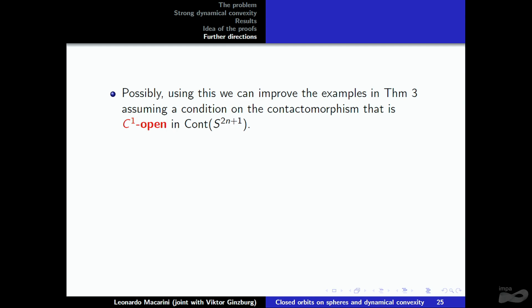And I'm not completely sure, I'm 99% sure, but I think that using this more flexible proof, we can improve the example in theorem 3, where I assume that the contactomorphism commutes with the antipodal map, assuming a condition on the contactomorphism that is C1 open.